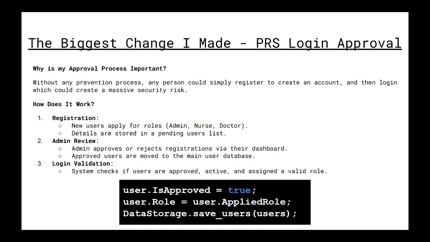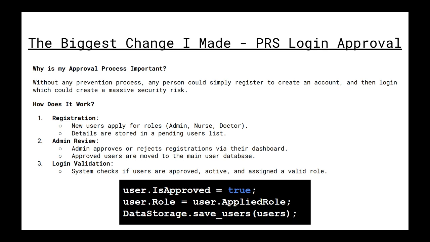When a user attempts to log in, the system deserializes the users.json file to check if the user's is approved status is true, if they're marked as active, and if they have a valid role assigned. If any of these checks fail, the user is just denied access completely. And I guess that maintains the security aspect of what I was talking about.